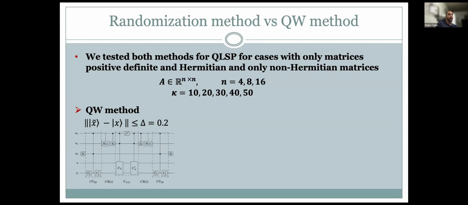And the idea is that you have some target error. So delta is the target error between the actual solution and the ideal solution.